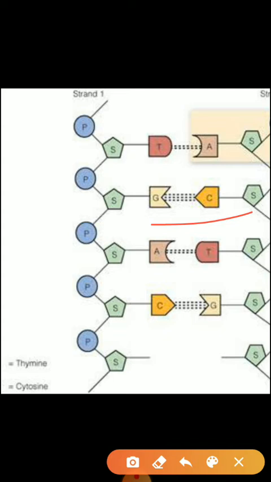Once again, adenine is connected with thymine with a double hydrogen bond, whereas guanine is connected with cytosine with a triple hydrogen bond. These are the bonding of these nitrogenous bases.